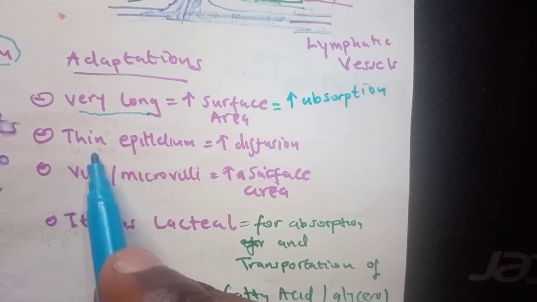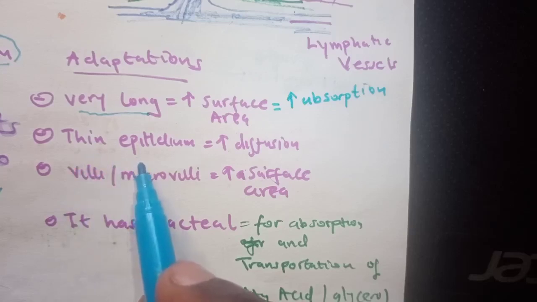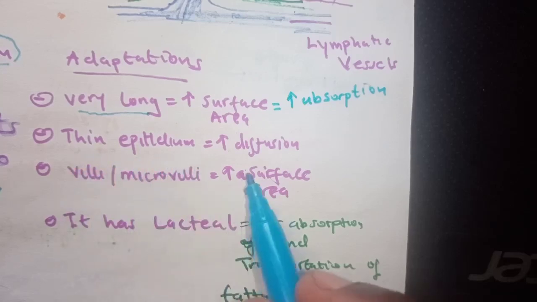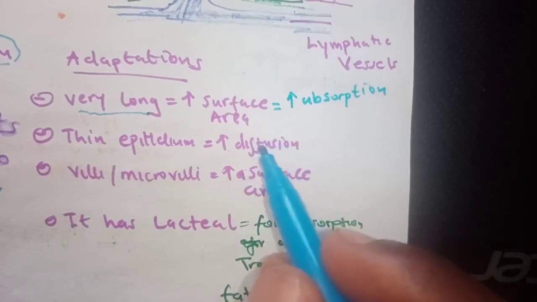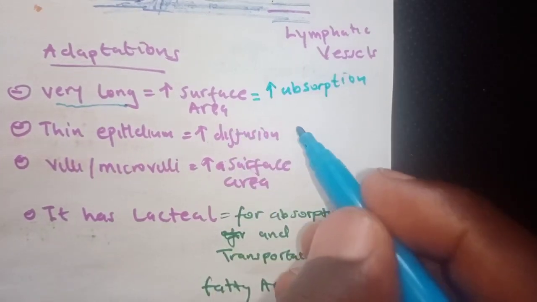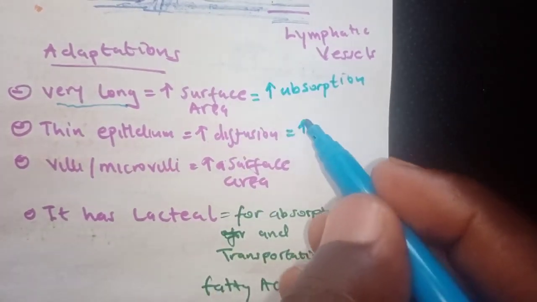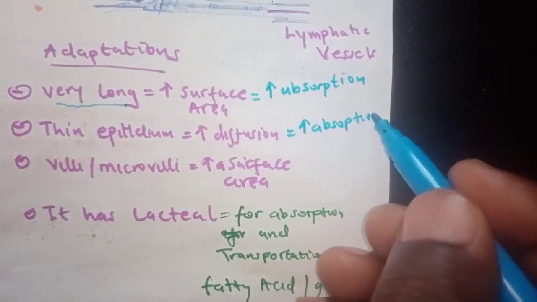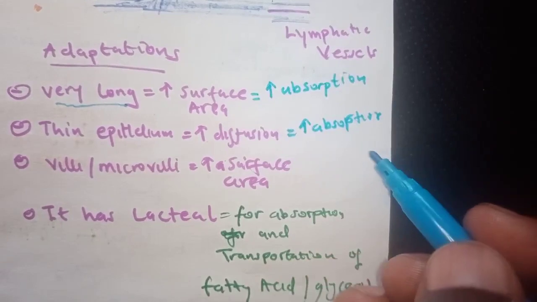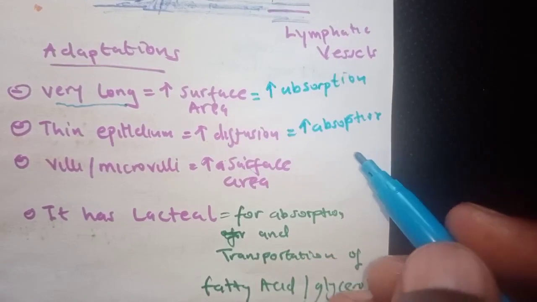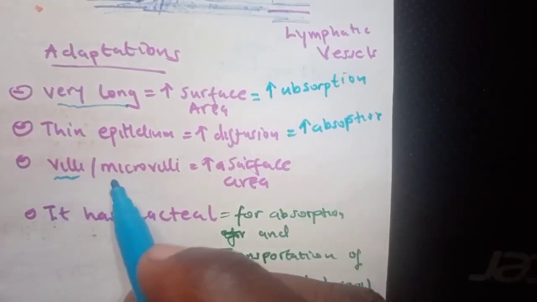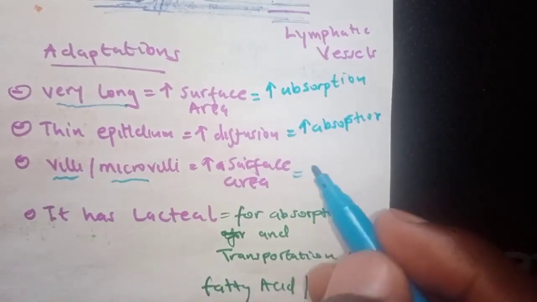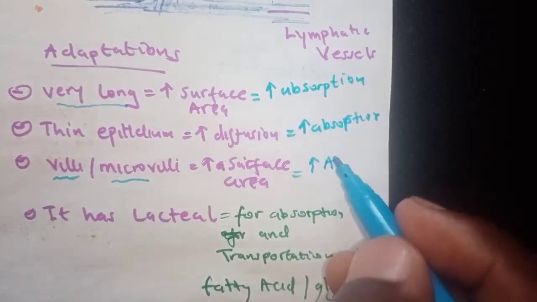It has a thin epithelium. This thin epithelium will increase the efficiency of diffusion, and all this will bring about an increase in absorption. It also has villi and microvilli. The increased surface area will increase absorption.